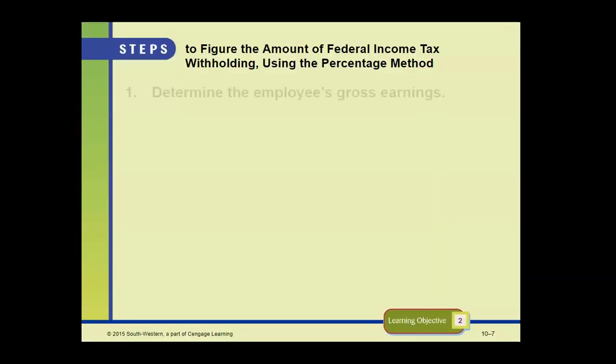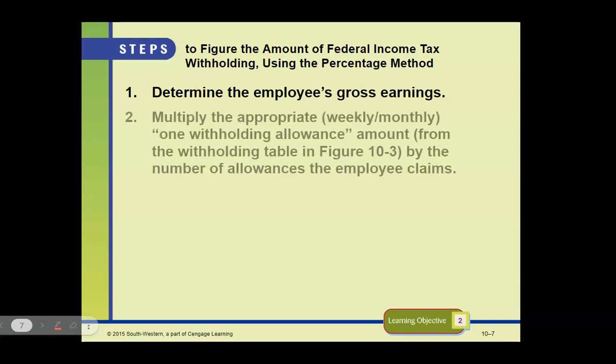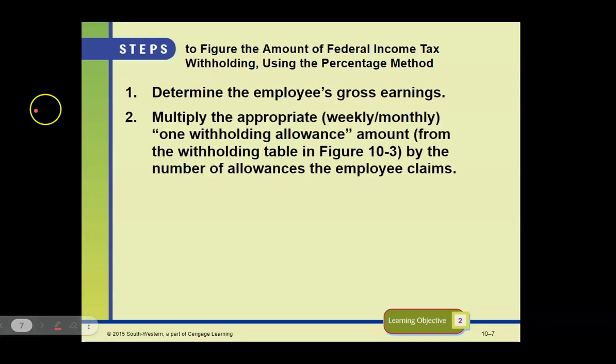For the first step, using the percentage method, we first figure out the gross earnings, which we did. We also multiplied the appropriate weekly or monthly one withholding allowance by the number of allowances.